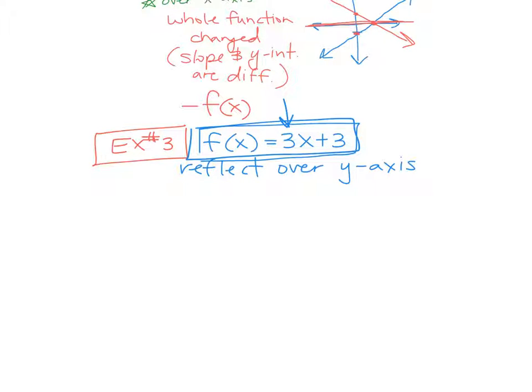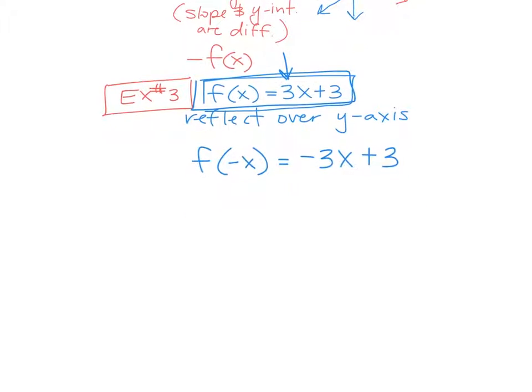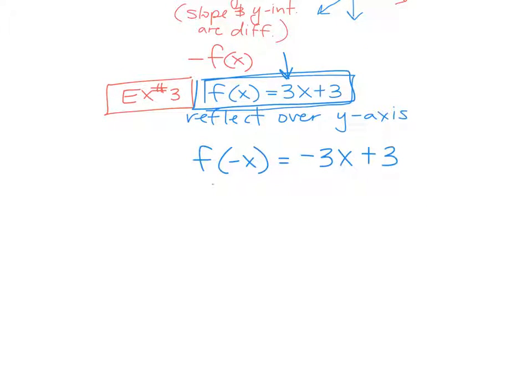So f of negative x, if I reflect over the y-axis, becomes negative 3x plus 3. Because when you reflect over y, the only thing that changes is your slope. So if we graph that, you should have the same y-intercept for both of them.